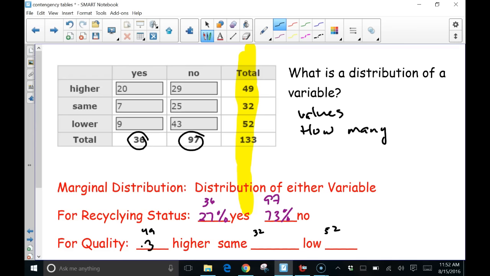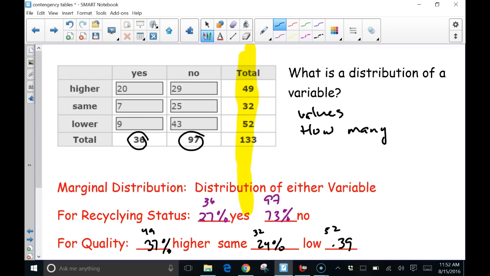So I would say 37%, actually I'm going to take that little decimal away and just write it as 37% said higher, and 24% said the same, and 39% said lower.